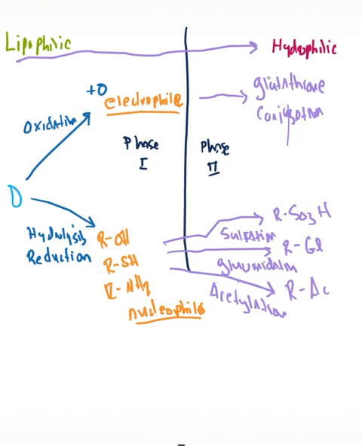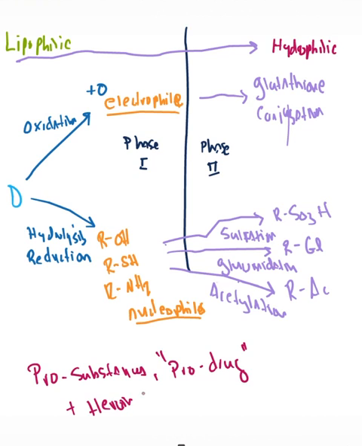There are certain substances, and this is definitely a term that's important, called pro-substances, or the common word you'll see is prodrug. And these are important. And these can include things, like, a common toxicology example may be heroin. Heroin is a prodrug.